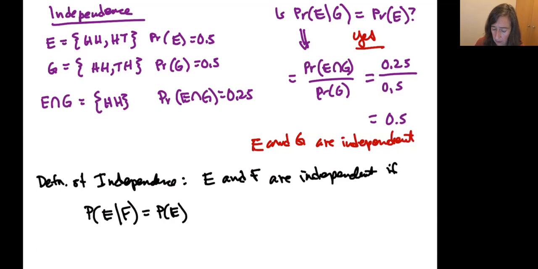The probability of E intersect F equals the conditional probability times the probability of F. This one is always true, whether or not they're independent. In terms of figuring out the probabilities, though, figuring out the conditional probability can get a little bit more complicated.